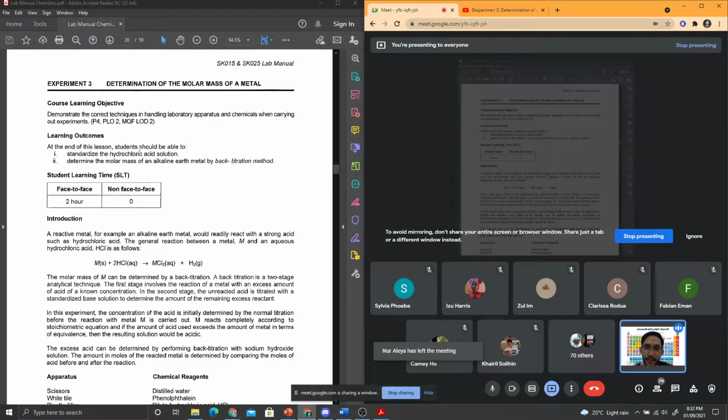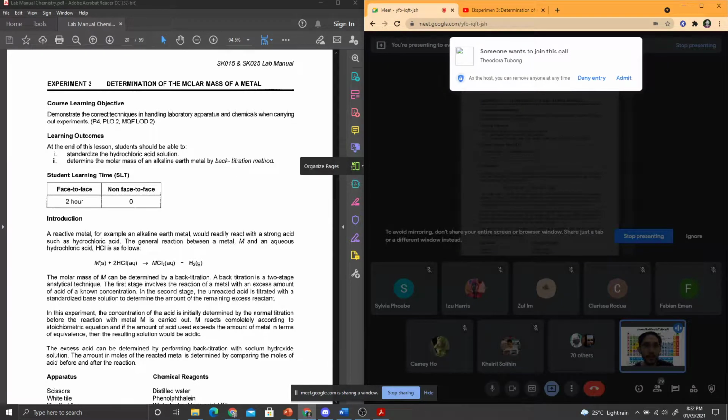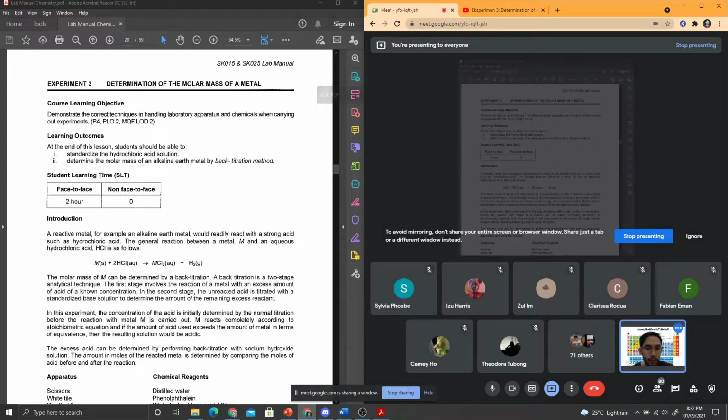Okay, by the end of this lesson, students should be able to, okay, you punya objektif is very easy, is to standardize the hydrochloric acid solution and to determine the molar mass of alkaline metal by back titration method. Itu je. The important thing now is untuk objektif you tulis to dekat depan, to standardize, to determine. That is you punya eksperimen punya objektif.